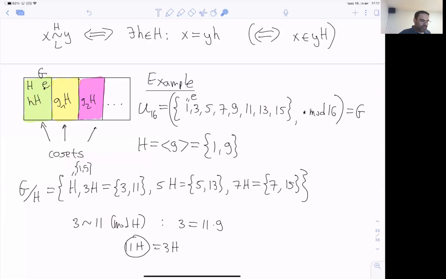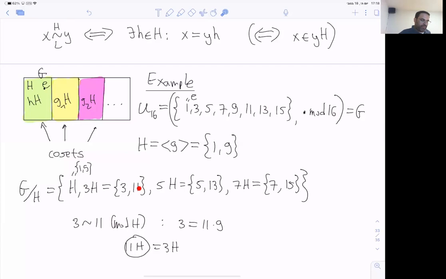But if we take an element outside H, for example, this 3 does not belong to H, so if we multiply all elements of H by this 3, we get a shift of H. Now, this element 3 is called congruent to 11.